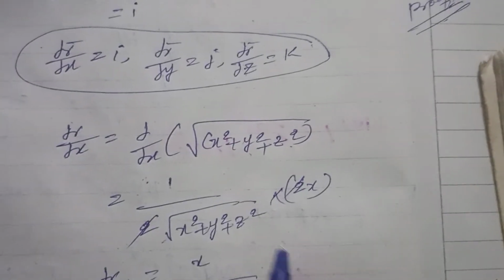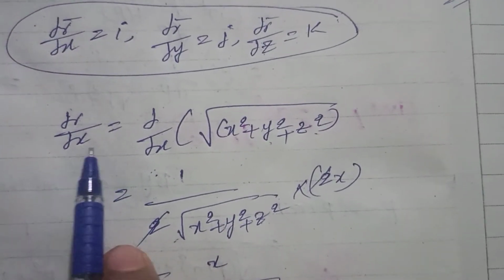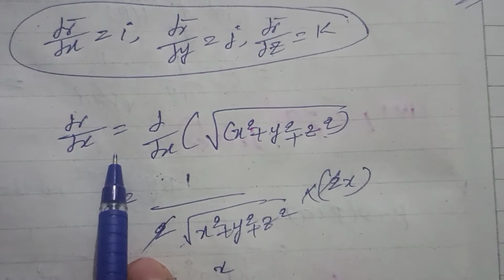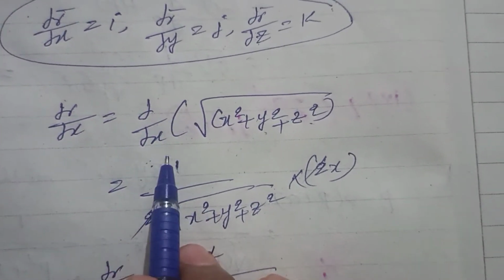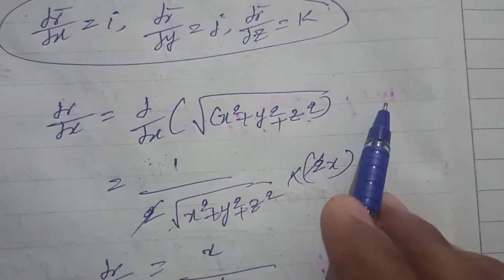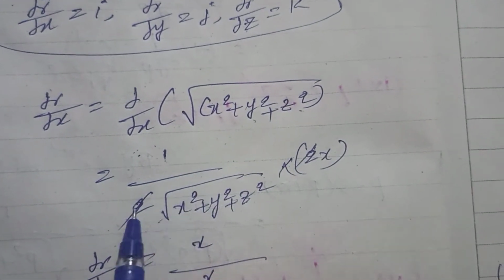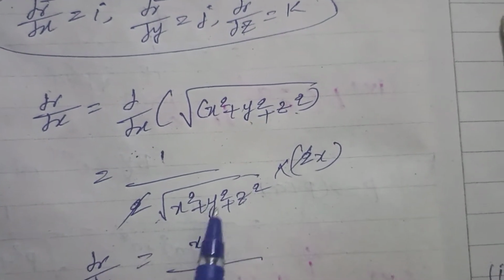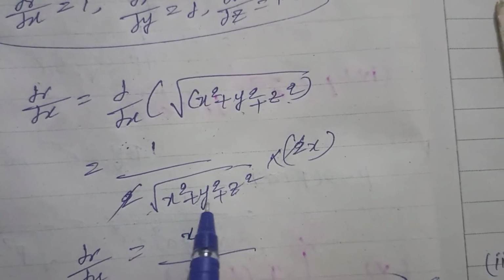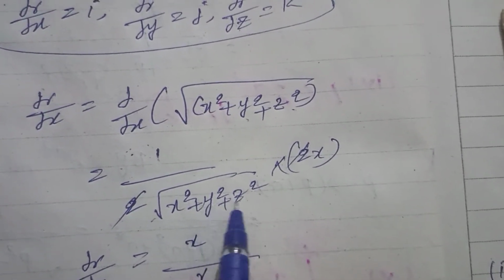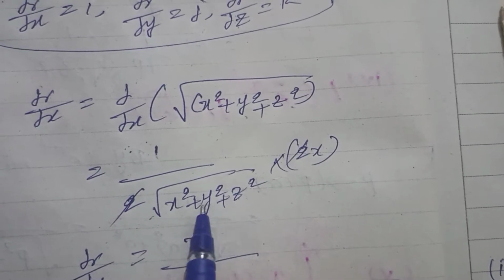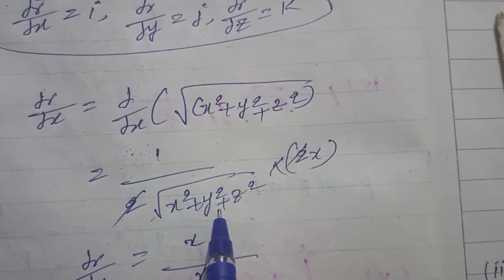Now for dou r by dou x. So dou by dou x. It is in the form of a square root. The derivative of the square root of x is 1 by 2 root x. Again we differentiate x square plus y square plus z square. These two terms will become 0, because it is partial differentiation.